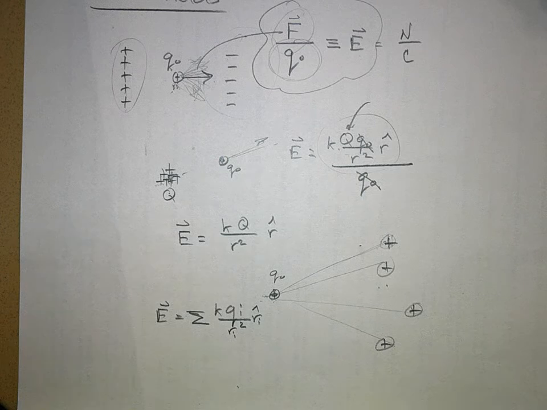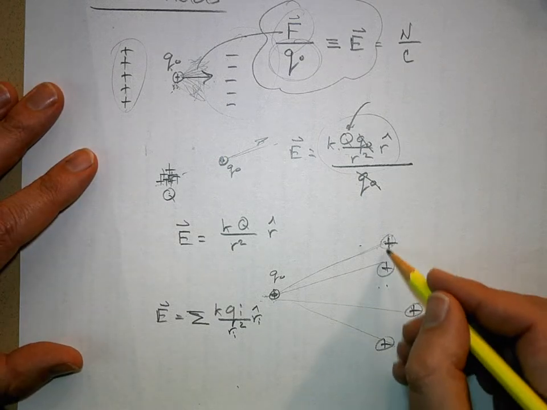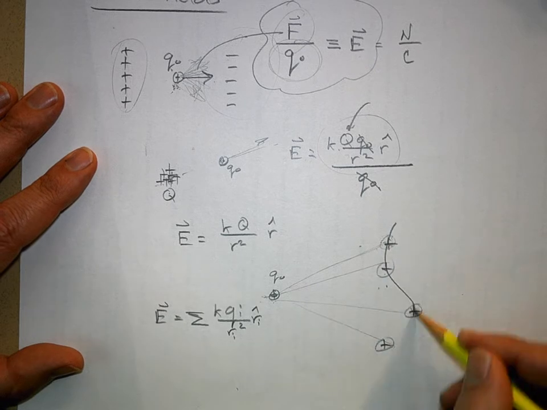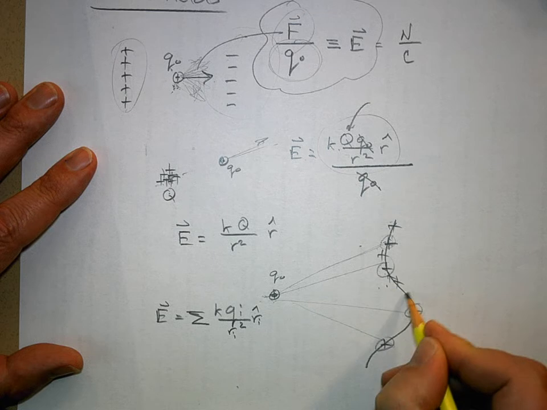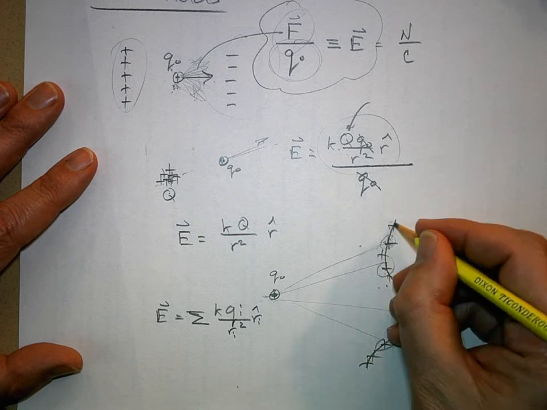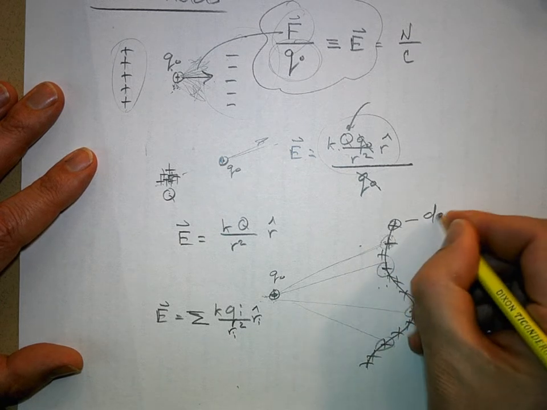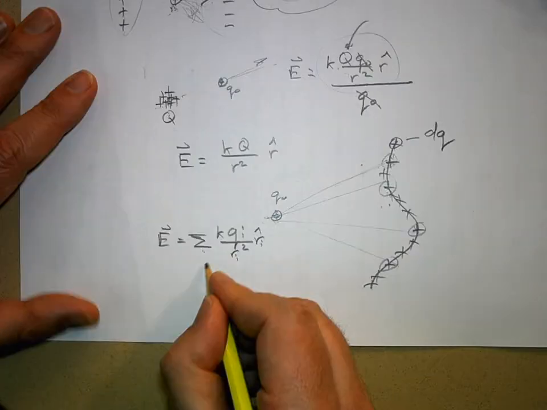Well, what if I had a continuous charge distribution? What if this wasn't little discrete charges, but this was some weird surface like this, and I had a continuous charge distribution? Oh, lordy, I have to integrate now. I would pick one of these to be a little tiny charge, dq, and this summation sign turns into an integral sign.